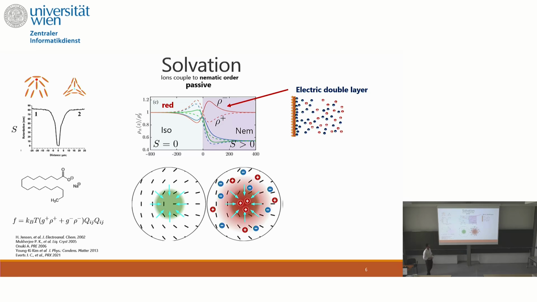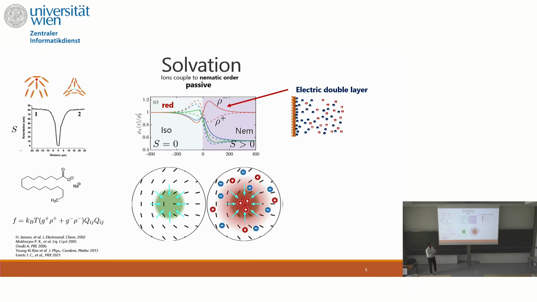Yeah, and if we look at that a bit in this maybe more schematic picture for this +1/2 topological defect. Because of this changing of nematic order, we get some effective potential to which ions couple.